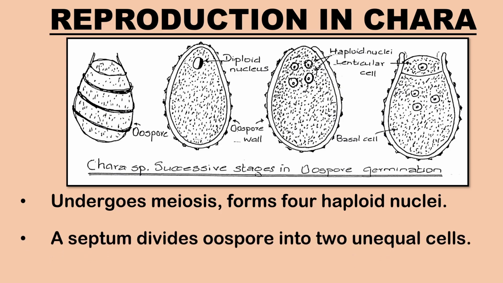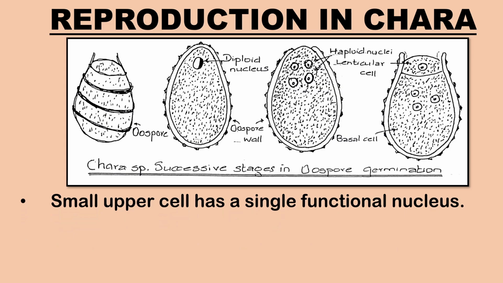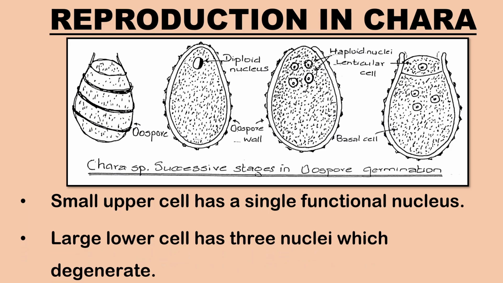A septum divides the oospore into 2 unequal cells. The smaller upper cell or distal cell is the lenticular cell with a single functional nucleus. The lower large basal cell has 3 nuclei which later degenerate.